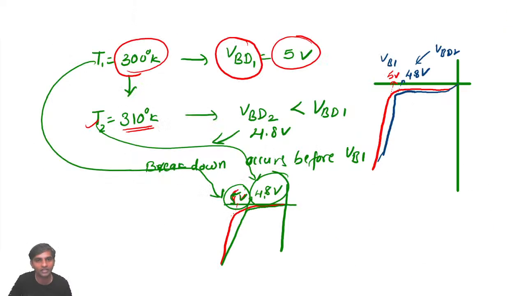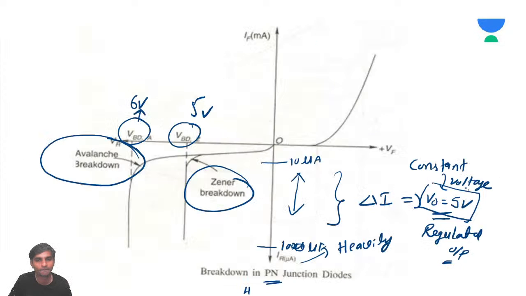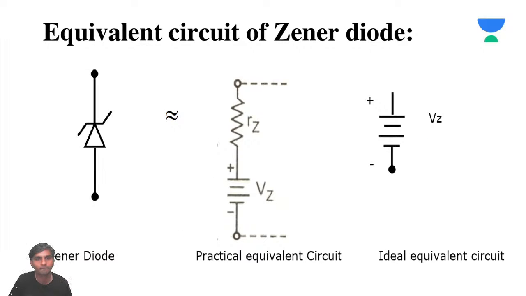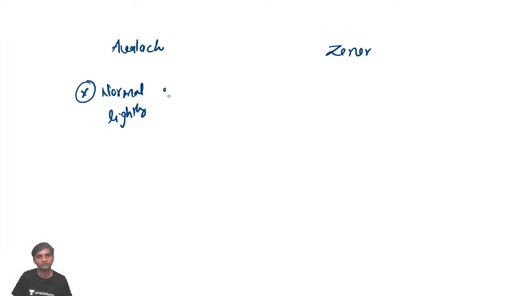If you want to write, you can write all these things. Avalanche: it happens in a normal p-n junction diode, lightly doped. Zener: heavily doped.